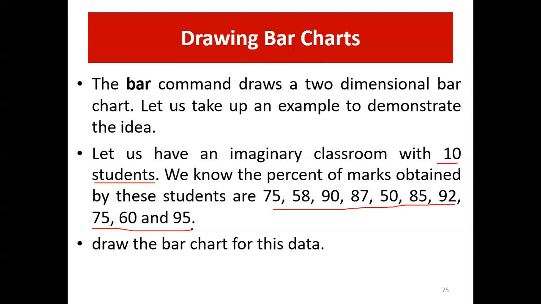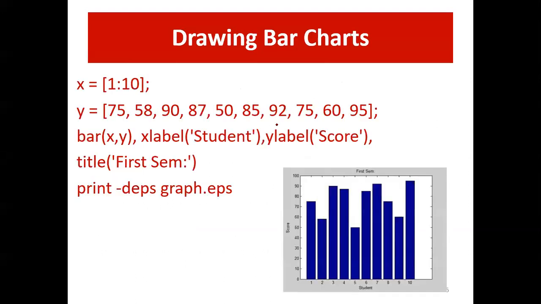If we have this data, how are we going to generate a bar chart? With the simple procedure, we can generate the bar chart with the help of the bar function. Here the x value is the 10 students, from 1 to 10. Then on the y axis, we have the percentage of marks of the students.